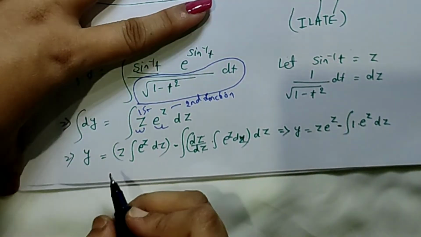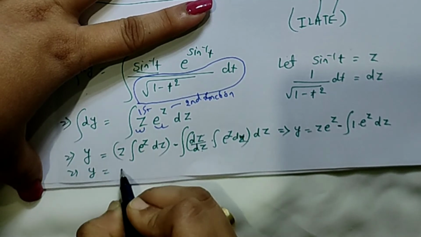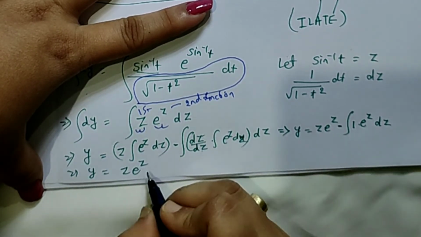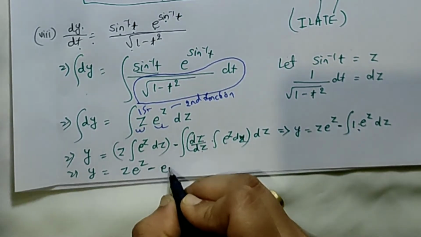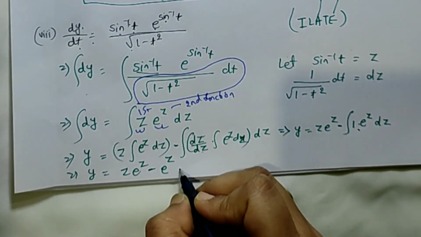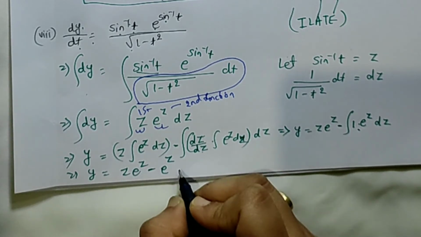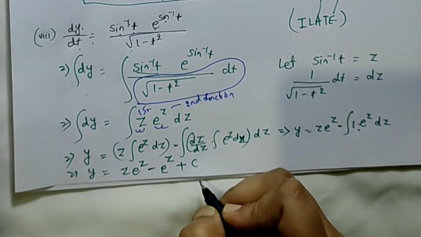Okay, which implies y is equal to z e power z minus the integration of e power z, which will be e power z, plus c.